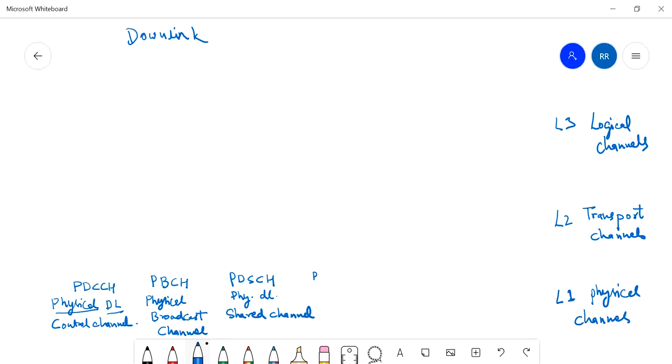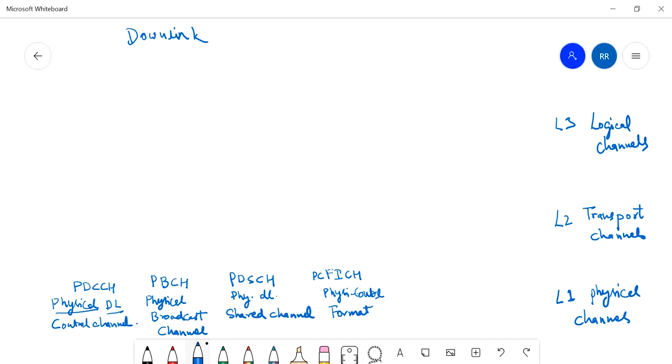Next is PCFICH. This P stands for physical, and this is physical control format indicator channel.